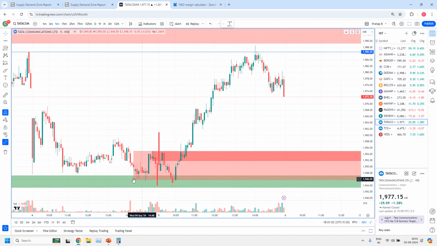So this 15-minute zone is responsible for the violation of this 15-minute supply zone. If it is just a violation, it will get only a zone achievement. But this zone is also responsible for the trend change as per the Dow theory.